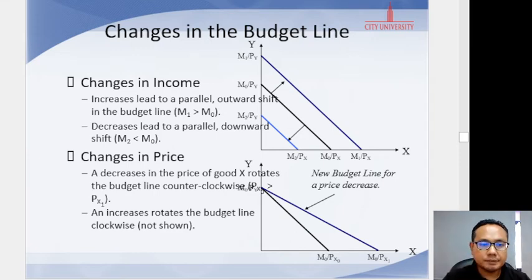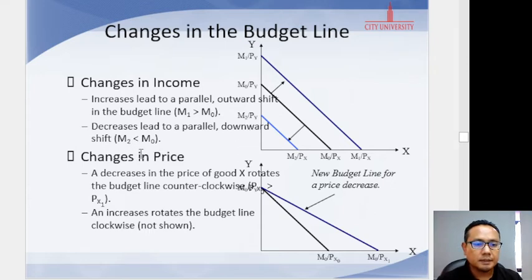So in this situation, you can see the increase leads to a parallel outward shift in the budget line. So M1 is bigger than M0, and then a decrease leads to a parallel downward shift.